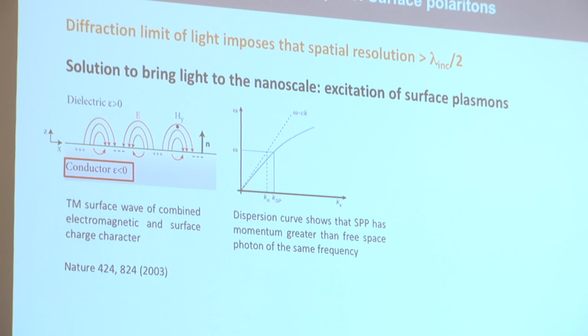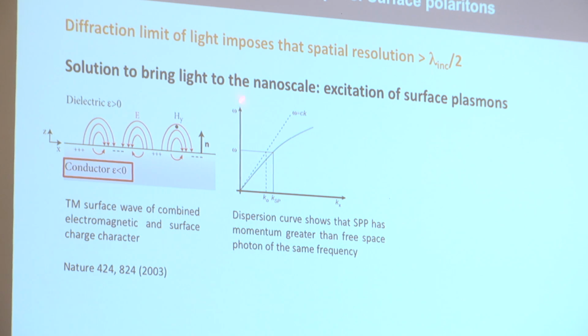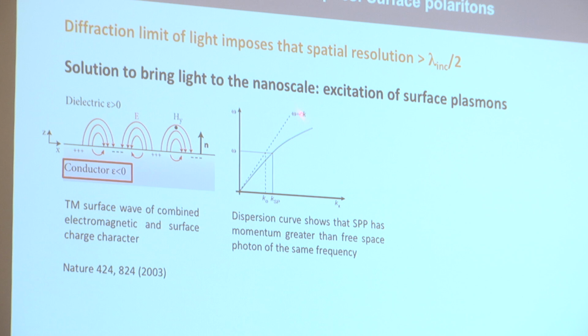Okay, so we have this dispersion curve of this wave, this is just omega versus k. Here I plot the light line, which you know very well: the slope is the phase velocity, and the velocity is the speed of light. But now we have a wave with a dispersion to the right of this light line.